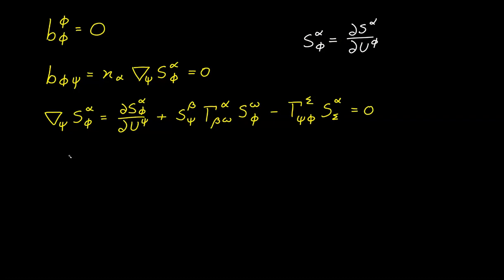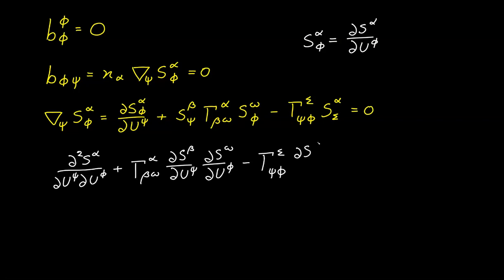It is the second partial derivative of S alpha with respect, first of all, to U phi, and secondly, with respect to U psi. All right, and then of course we can use the definition to substitute directly into the rest of the expression. So what we have is a differential equation that is the exact equivalent of this expression right up here.